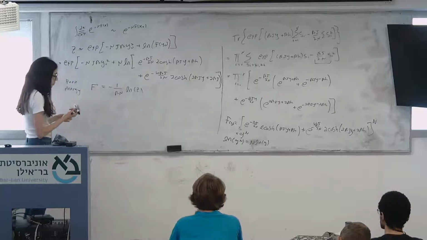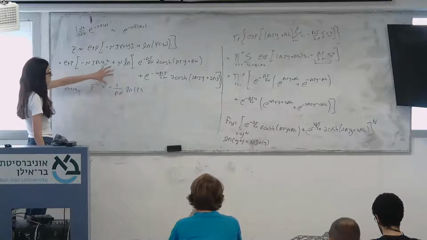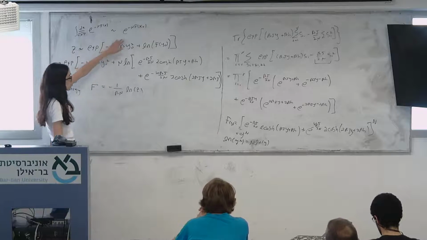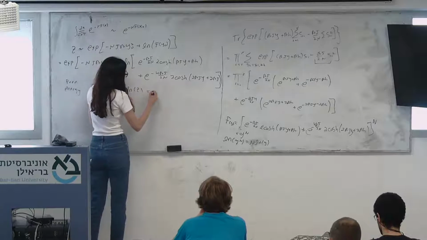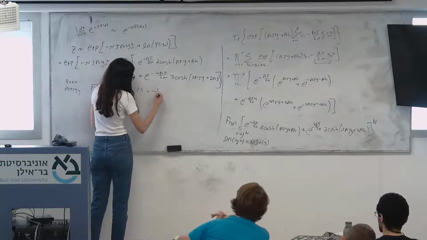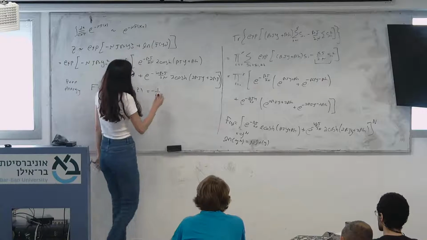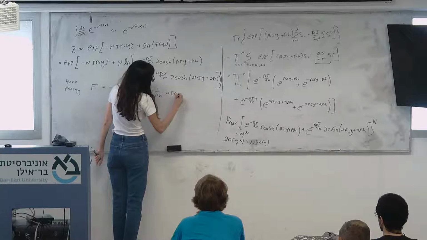If we look at the general form of z, we can rewrite that as -1 over beta n, and then the ln of this exponent, so this is just going to be n f of x0.